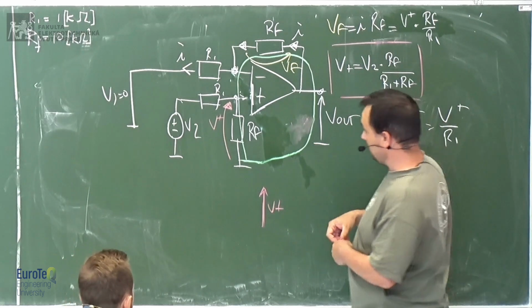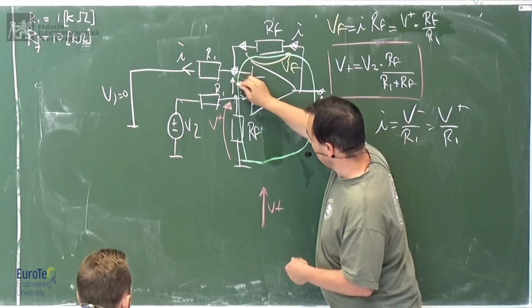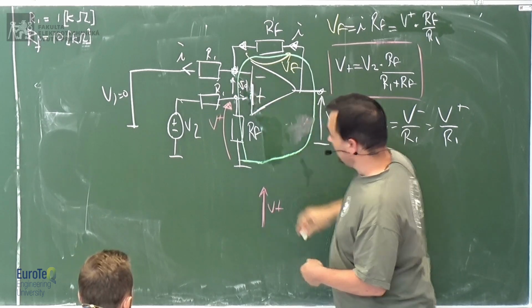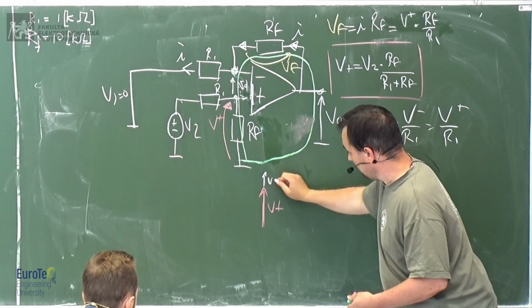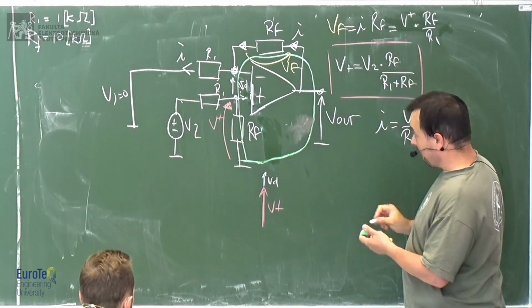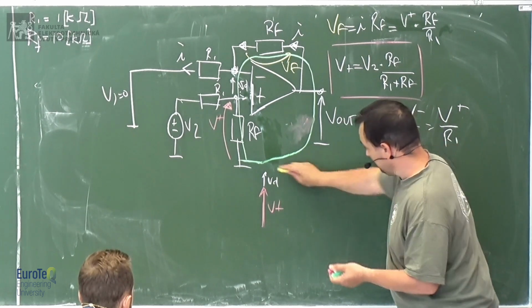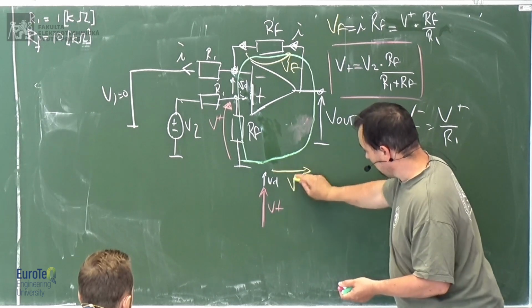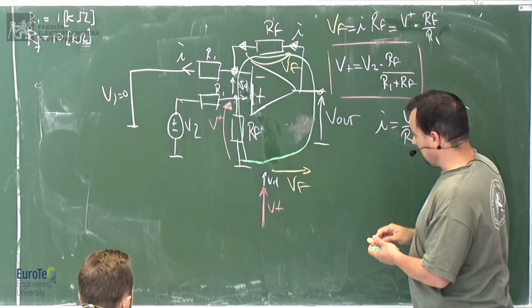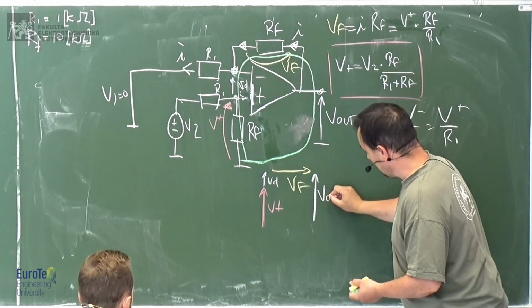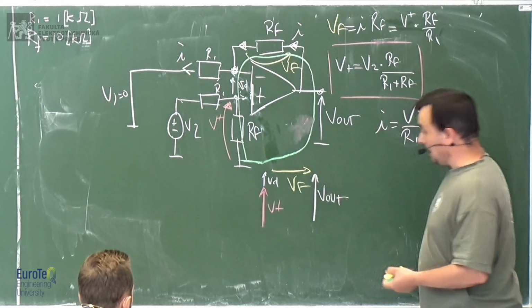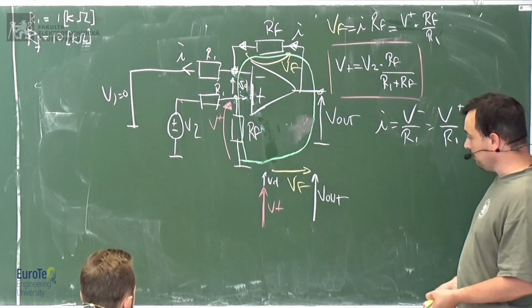Then we have VD, up, and then V out, up. Then we have VF. And then we have V out. Now we know that VD is equal to 0.